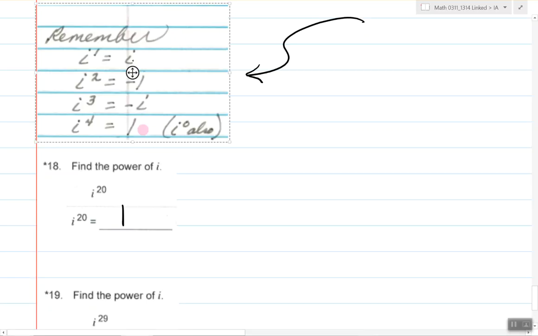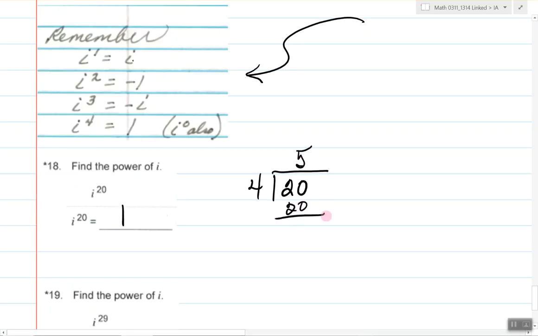Finally, a way that will work when you have larger powers of i. Take 20 and divide it by 4. Why 4? You're taking all of the groups of i to the fourth out of it. That goes in there 5 times. It gives me 20 with a remainder of 0.